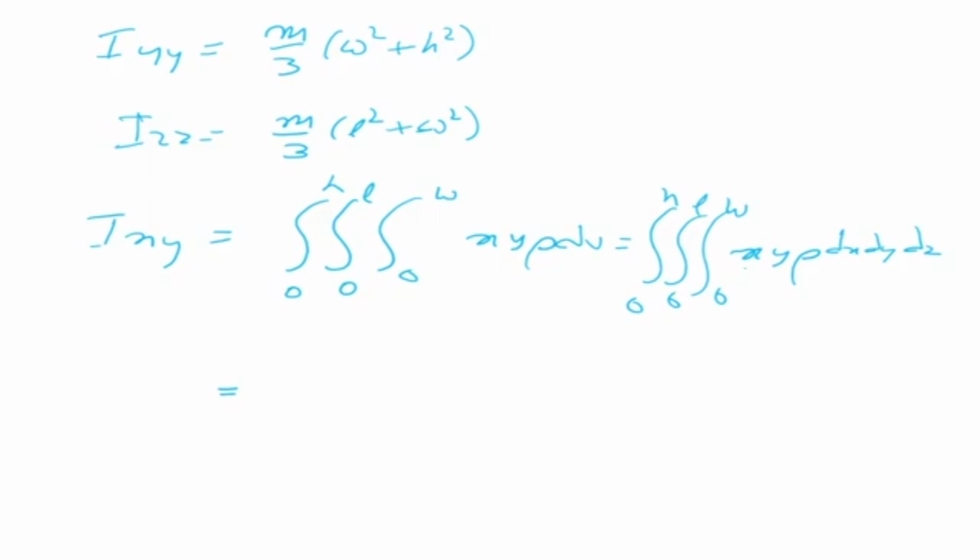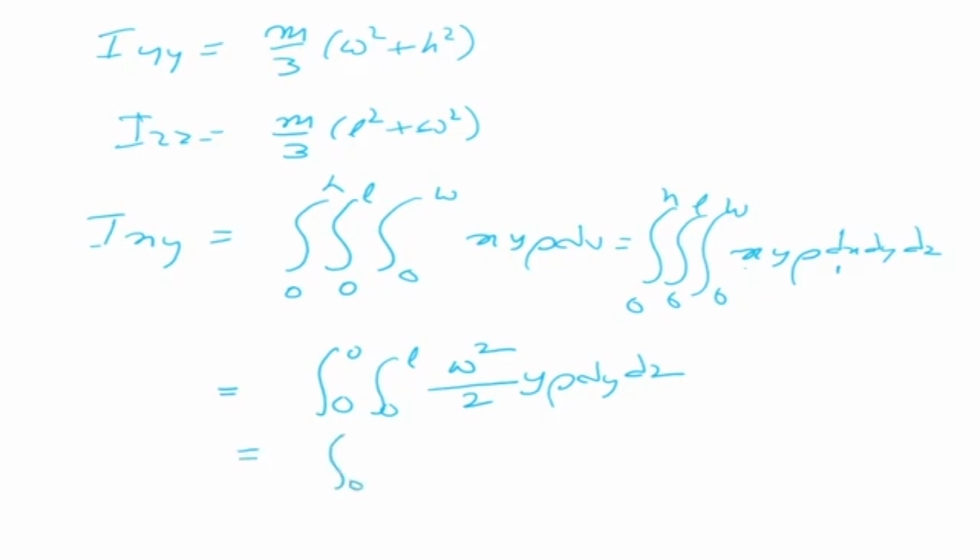So what I get is the integral from 0 to h, 0 to L, of w squared by 2 times y rho dy dz. So this is the first term I get, integrating with respect to x. Then I integrate with respect to y.